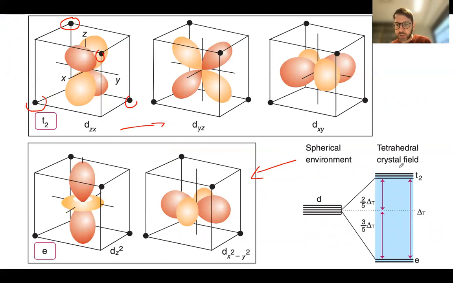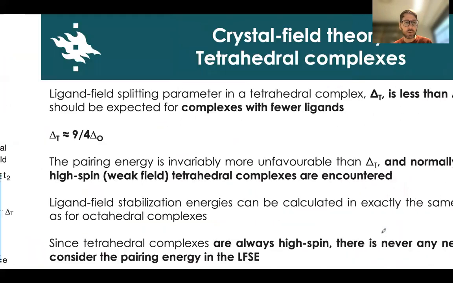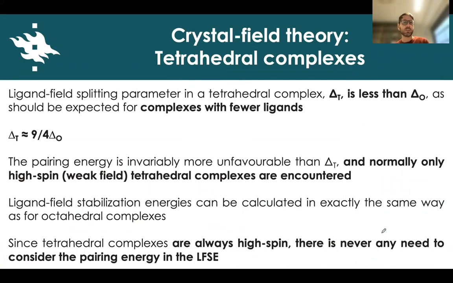And for the t2 orbitals, the energy is increased by 2/5 of the ligand field splitting parameter for the tetrahedral complex, while the e orbitals have the energy decreased by 3/5 of the ligand field splitting of the tetrahedral complex relative to the barycenter. As we have fewer ligands, the ligand field splitting parameter for the tetrahedral complex is usually lower than for the octahedral complex, and is normally approximated by this expression.